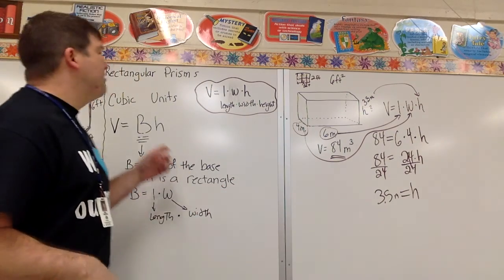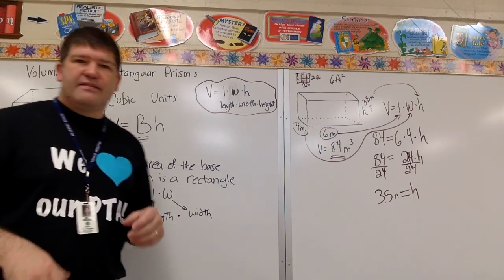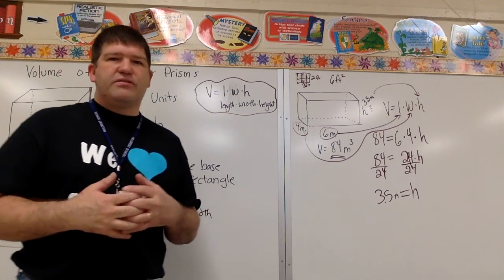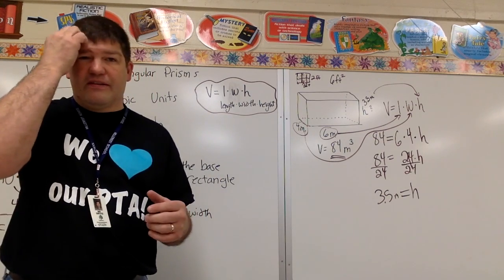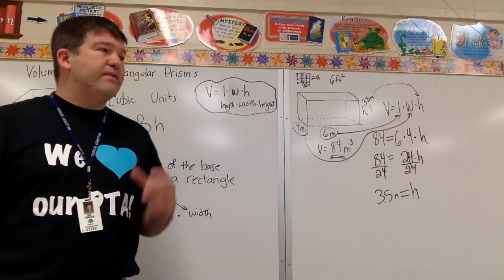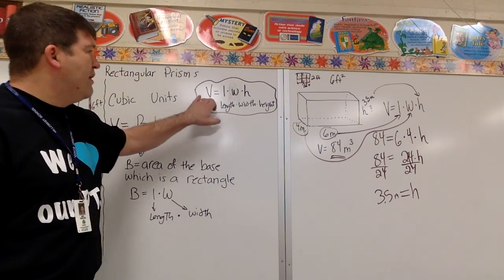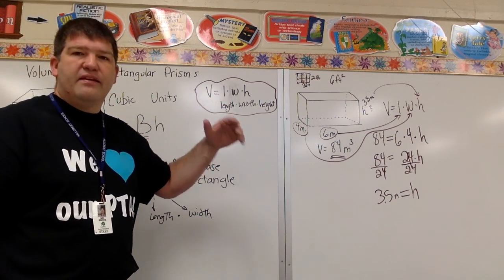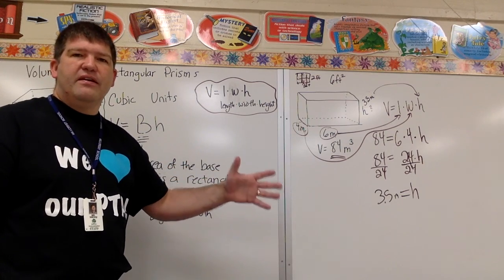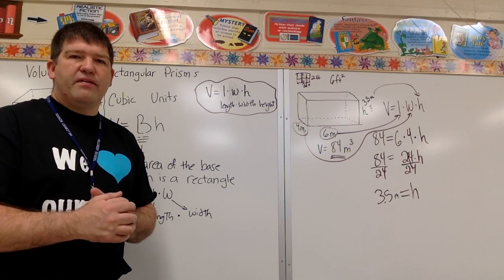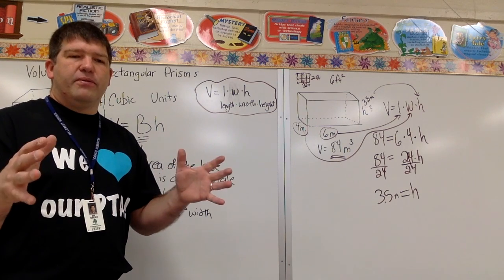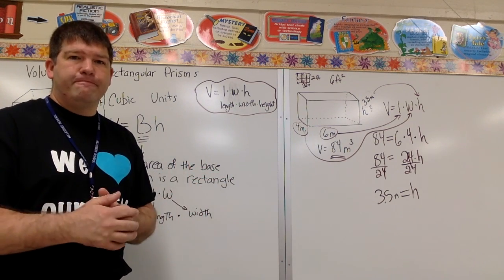Volume of the rectangular prism is the easiest. Once you start getting into the volume of triangular prisms and other things, it gets a little bit more difficult. But remember the formula. Volume equals length times width times height. And of a rectangular prism, you should be able to figure out the cubic volume. All right?